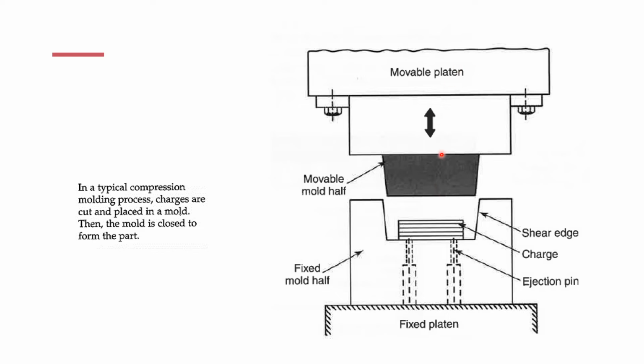When you close, you're compressing the part, and then you open it to release the part. Here is your charge. Charge means the material to be molded, and here is your ejection pin right there, and that's your fixed platen, and the movable platen is the one that's going to mold this charge into shape.